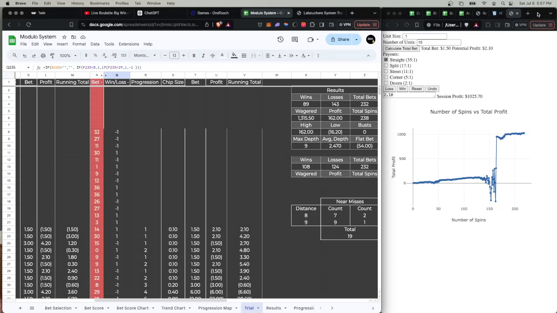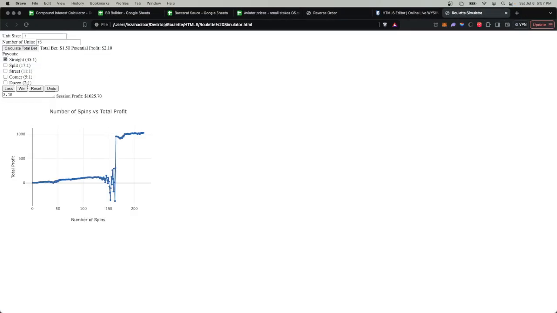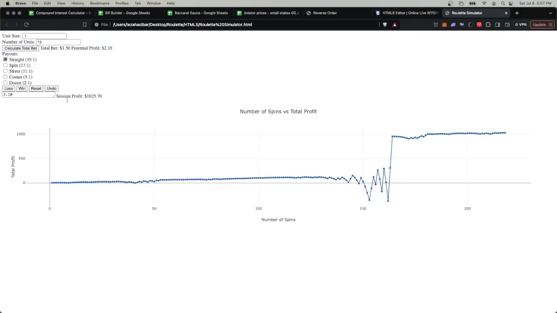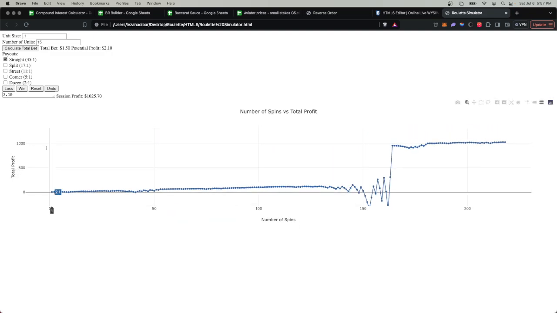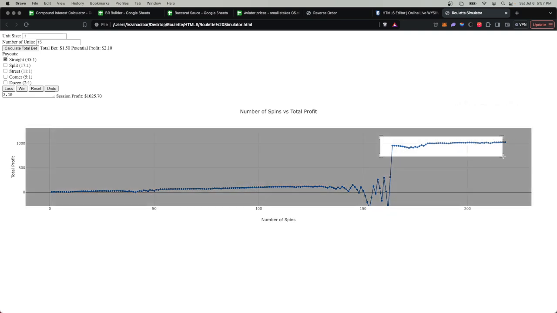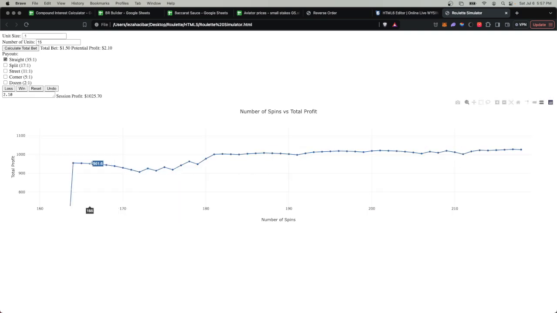So if we look at our, let's try something here. We've had what? It's hard to get this chart here to scale properly. So what I'll try to do is, that's 1, 2, 3, 4, 5, 6, 7.